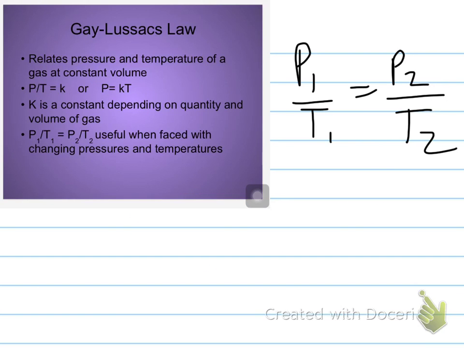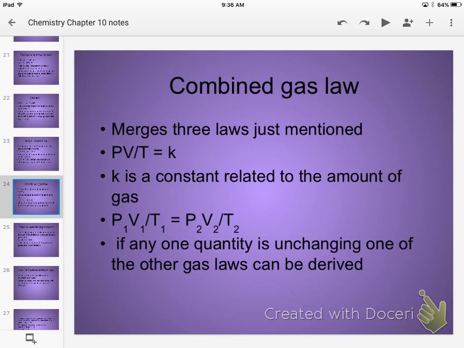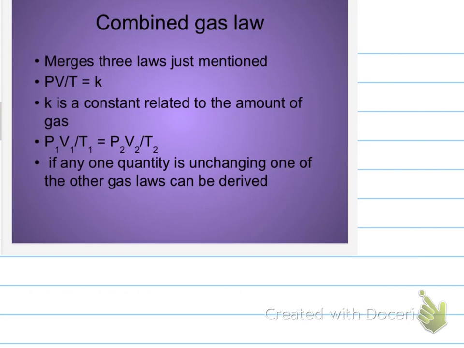Okay, so we looked very, very quickly at the relationship between volume and temperature. Volume and pressure, volume and temperature, temperature and pressure. Now, who wants to memorize more equations than they need to? Not I. I think that's stupid. So, if we take all three of those and roll them into one big bundle of joy, what we get is the combined gas law.